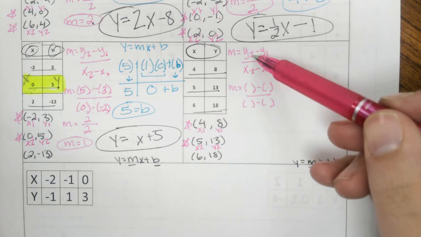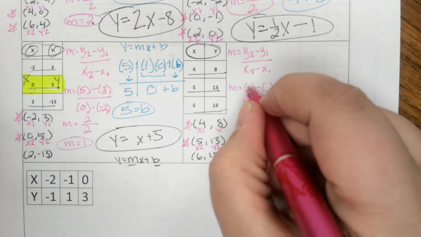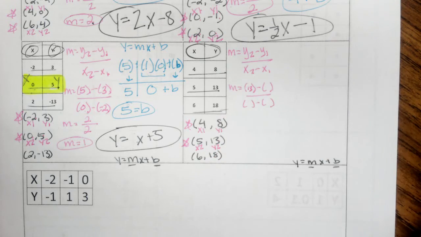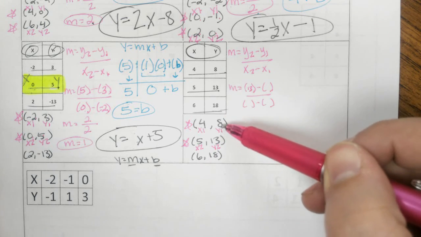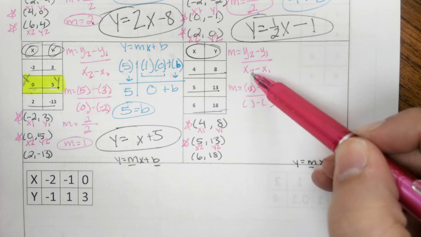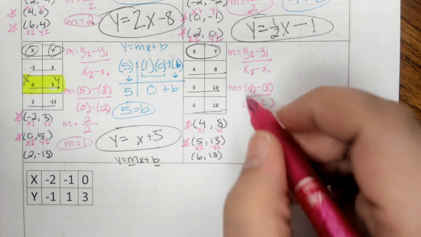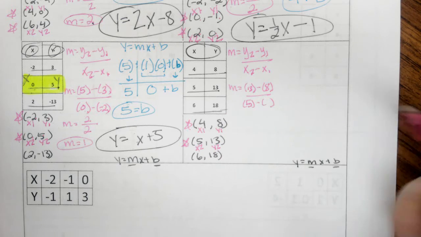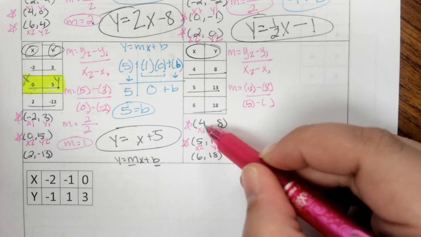This first bubble is in place of y2, and y2 is 13. The next bubble is in place of y1, and y1 is 8. Next bubble is in place of x2. x2 is 5. Last bubble here is in place of x1. x1 is 4.